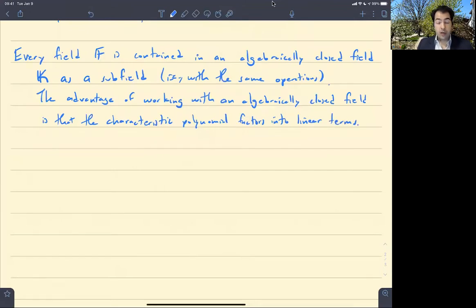Right, so over the complex numbers, every polynomial has complete factorization into linear terms, right? And over any algebraically closed field.